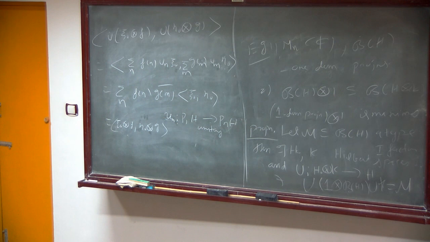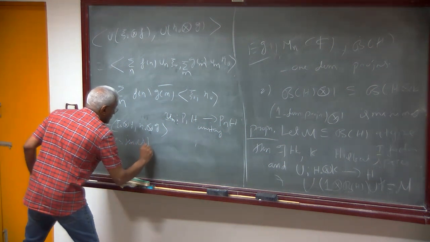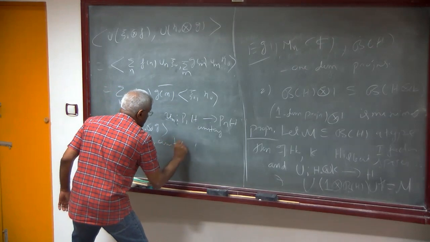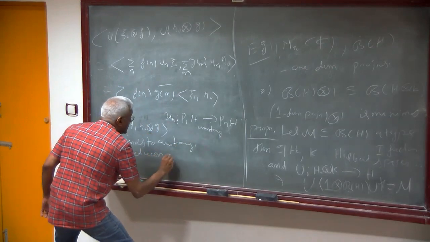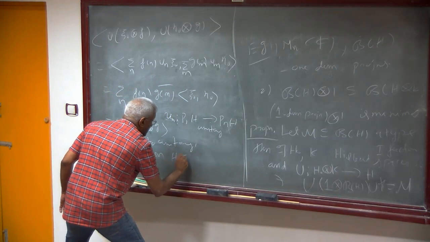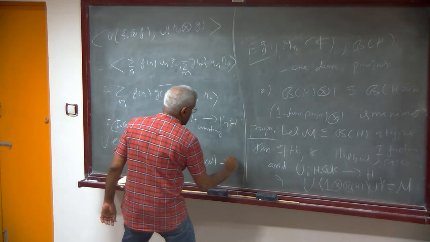This unitary we have defined preserves the inner product on a total set, so it extends. Okay. So u extends to a unitary between x naught tensor L2n to h.